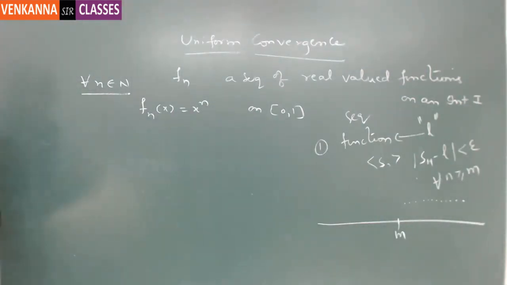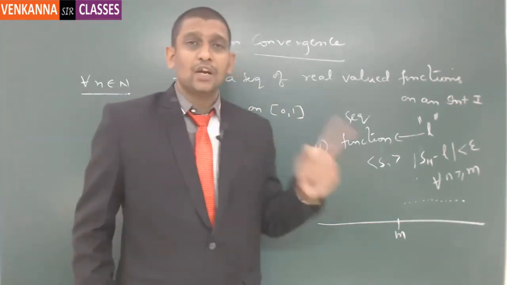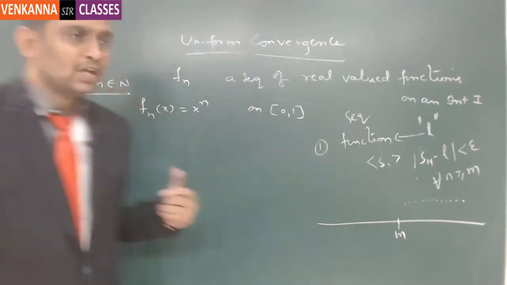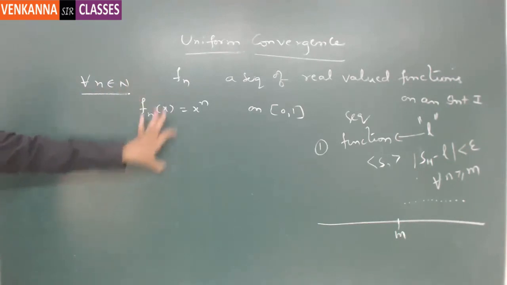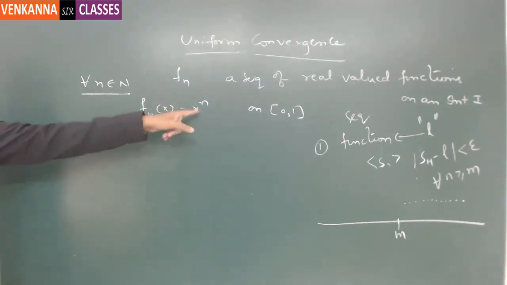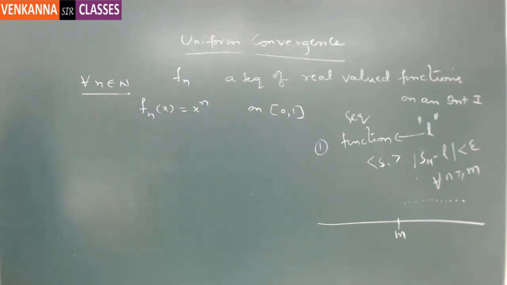Fine. Now here we consider only one function, that is, we take one sequence. So here we have taken a set of sequences, because here two things are varying: one is x, another one is n. Accepted?